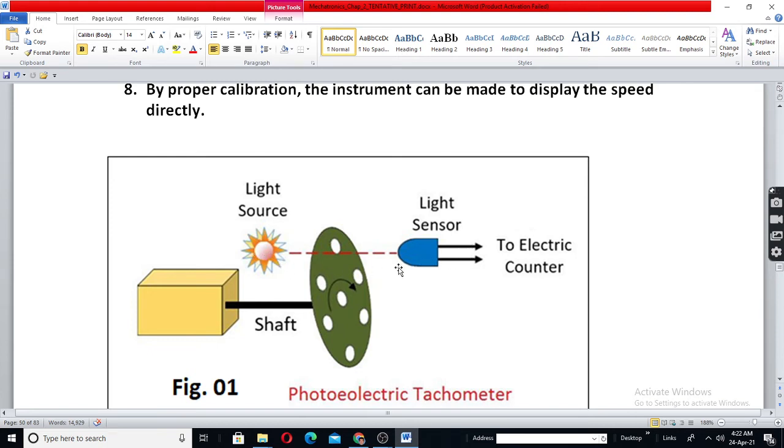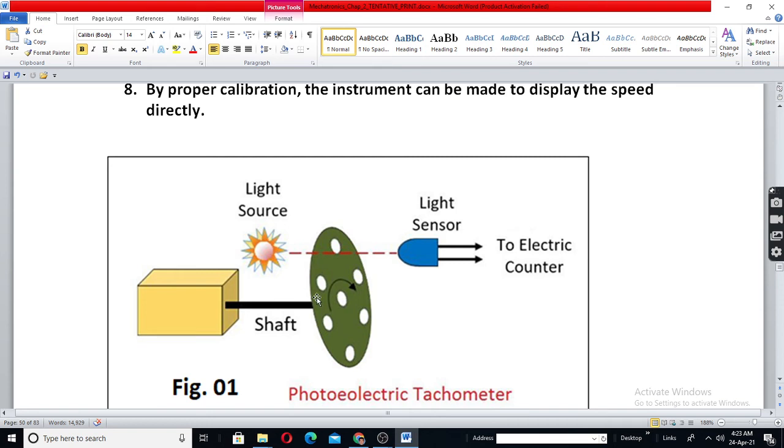Say when light is flowing from source to sensor, output will be high. When light is blocked, you will get low. So according to number of flow and interruptions, you will get pulses.